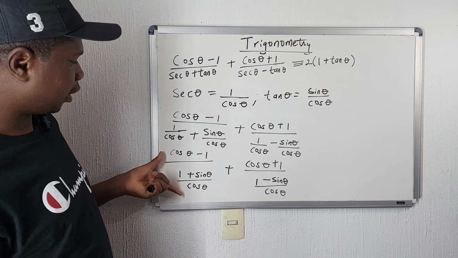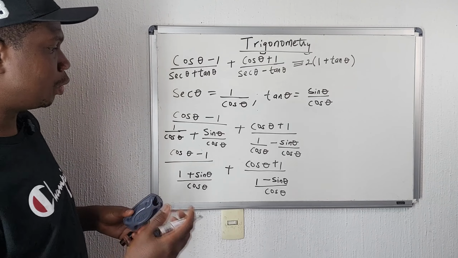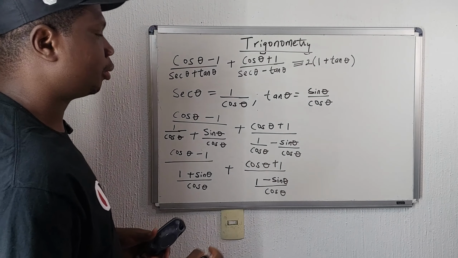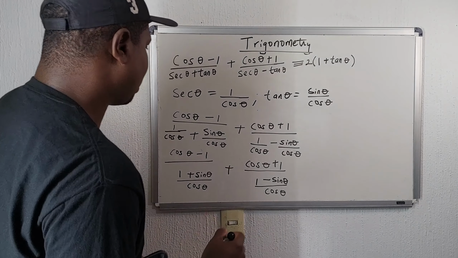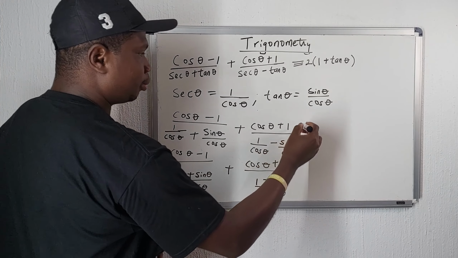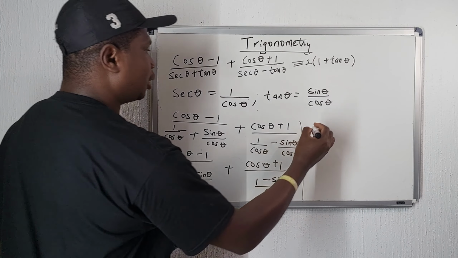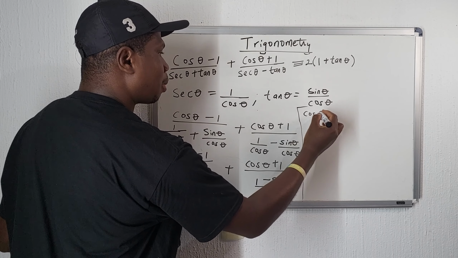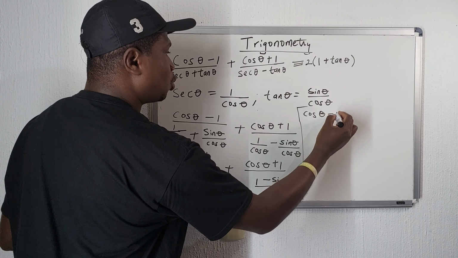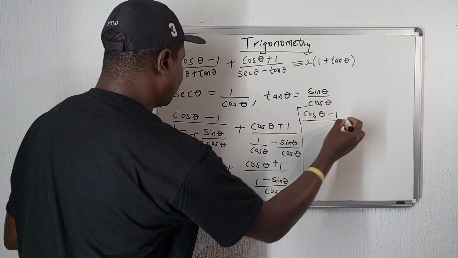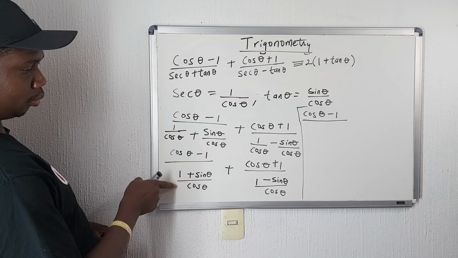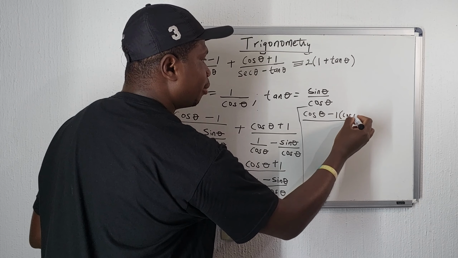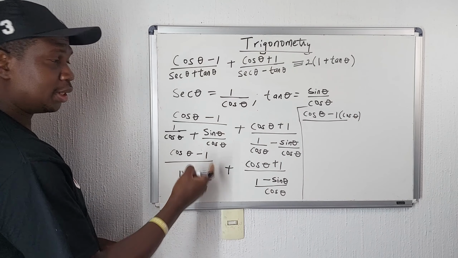Now, we have multiple fractions. What we do is take this one up. We can have cos theta minus 1 over, and put cos theta here in brackets because it's multiplying.